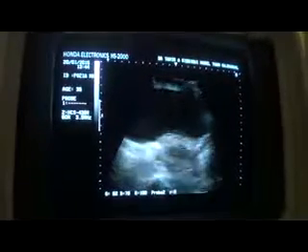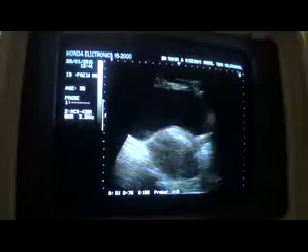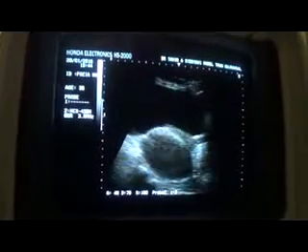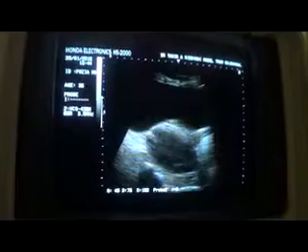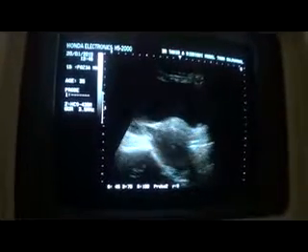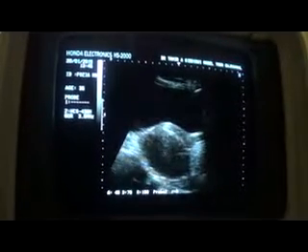So this is another case. Now when I was initially scanning, what I want to tell you is that at times we have to use a light pressure, at times we have to give some pressure to the transducer to get the image. Now if I give a little pressure, and now I'm doing this with pressure on the transducer, it really becomes difficult if I just confine to this view.